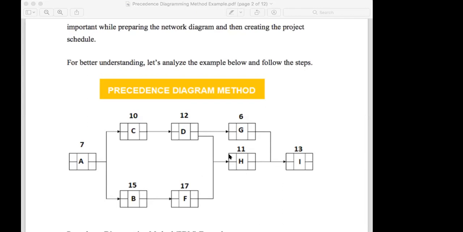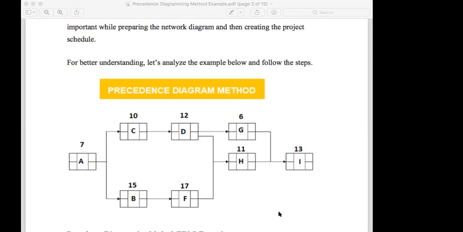Considering duration, there can be a critical path also. By looking at the network, we have to calculate the critical path. Now we know what the critical path is: it has zero total float. If somebody asks to calculate the critical path, one way is to calculate all the details here and see which has zero float.